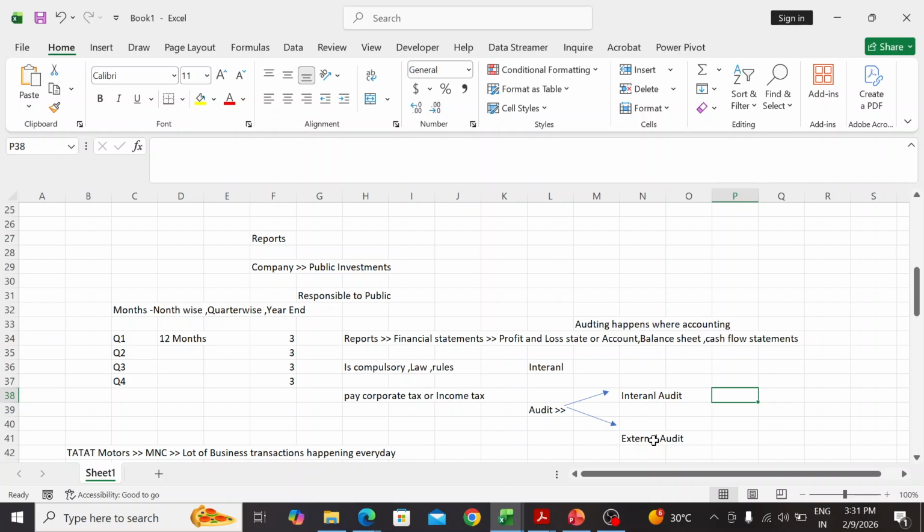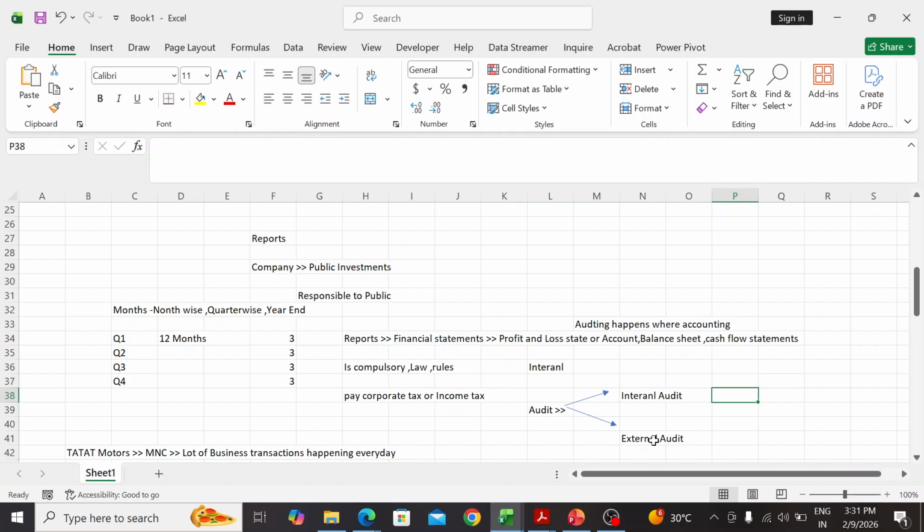They may write a remark on our financial statements: these are the violations that happened in compliance, these are the rules they are not following. Then that may become a problem for us. So that is why we engage people internally before submitting the reports to the external auditors.